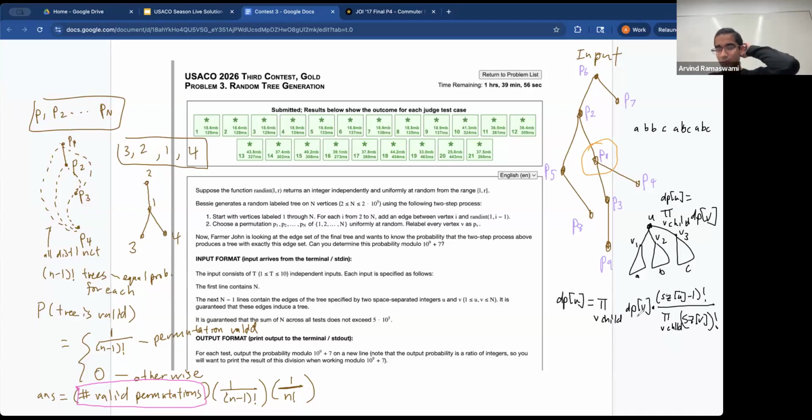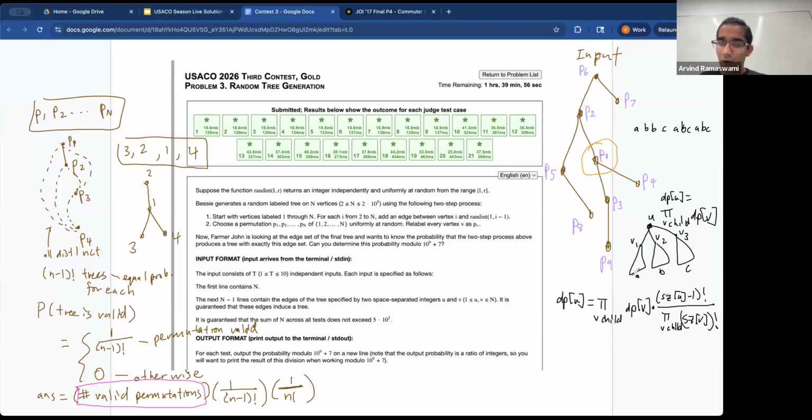So this works for DP. If you calculate this DP, this gives you the number of permutations where the first element starts at a root.